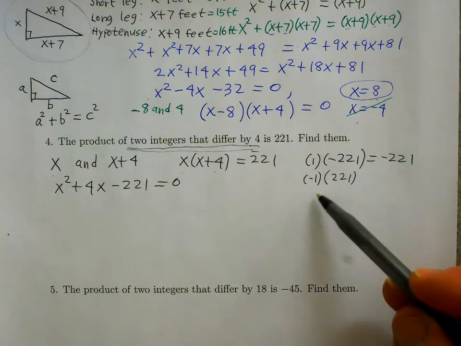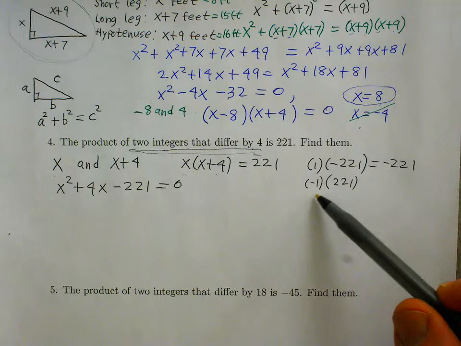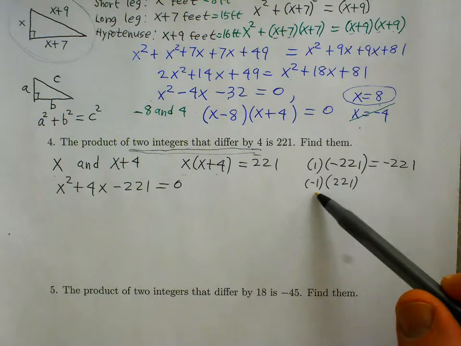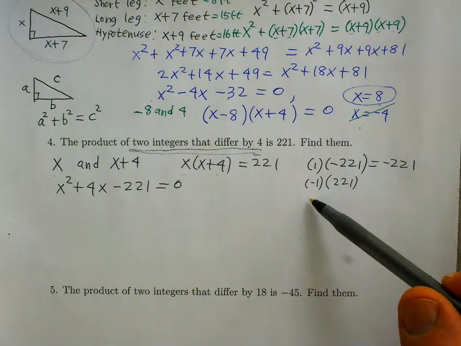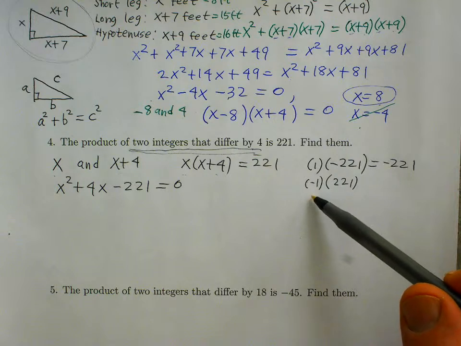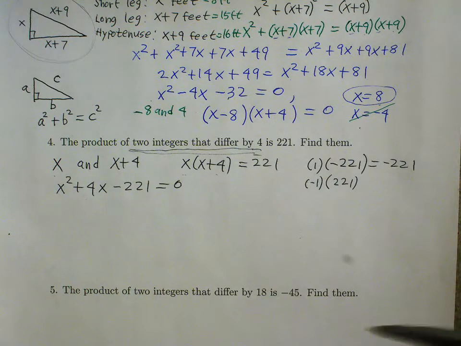Negative 5 is not a factor. Negative 6 is not. Negative 7 is not. Negative 8 is not a factor. Negative 9 is not. Negative 10 is not a factor. Negative 11 is not a factor. Negative 12 is not. What about negative 13?